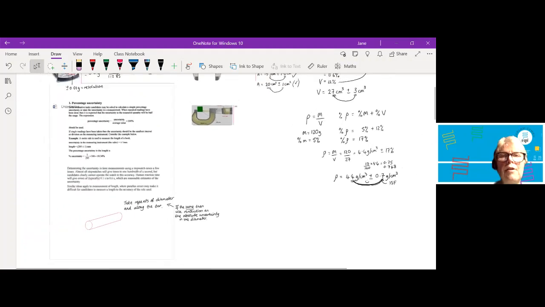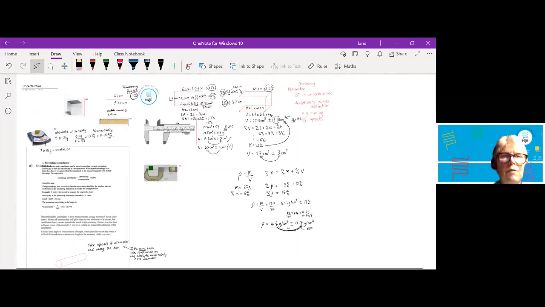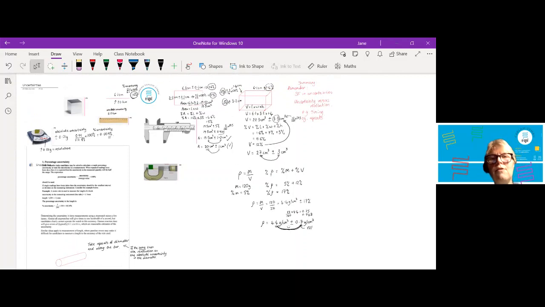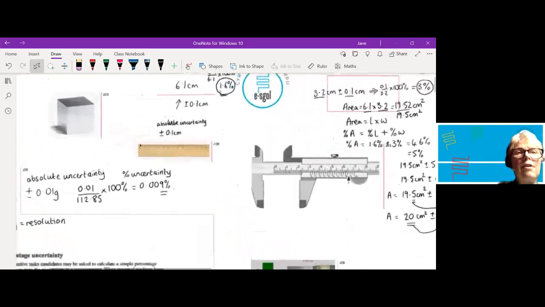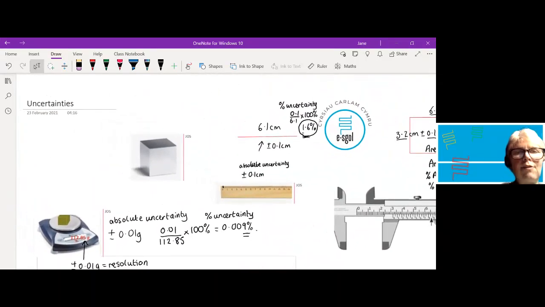Now, before we carry on, that's good. We've done quite a lot already, deep into the uncertainties. It does get a little bit simpler if you, for example, just had a cube. If I had the cube up here, and this is 6.1 and 6.1 and 6.1, so every dimension is 6.1, then it makes your life a little bit easier because you know that the volume is given by the length cubed.